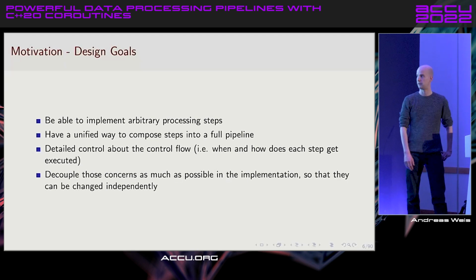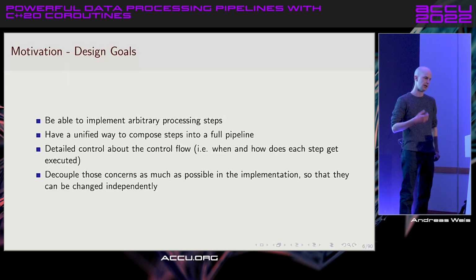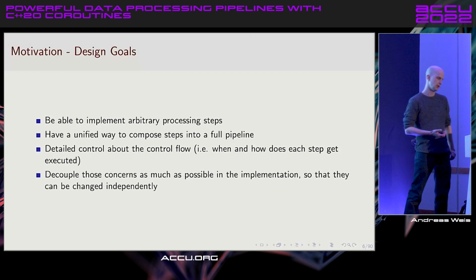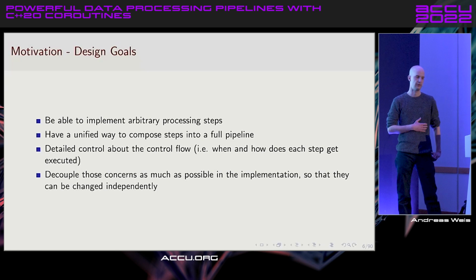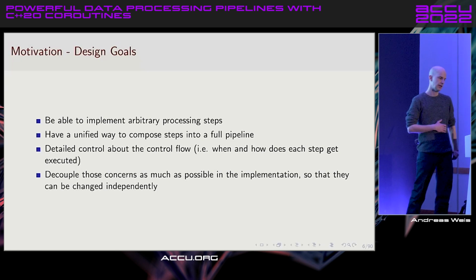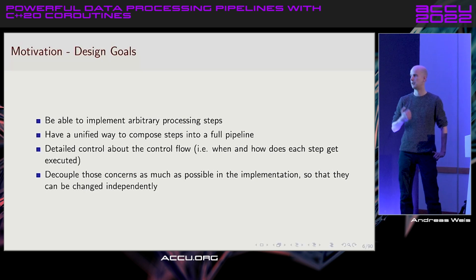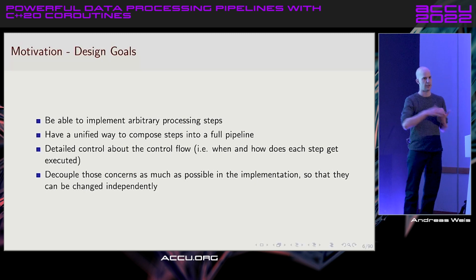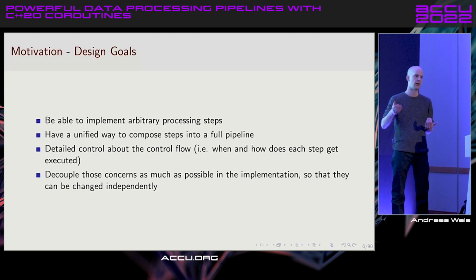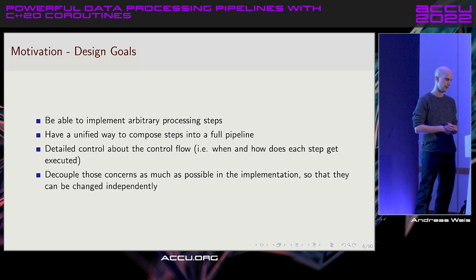So what I wanted was to have a generic way that allowed me to implement arbitrary processing steps, have a unified way to compose these steps into a full pipeline, and have detailed control over the control flows. In particular, I wanted to be able to control when and how each step is executed, like when do I hand over to the next step, on which thread does each individual step execute, stuff like this.